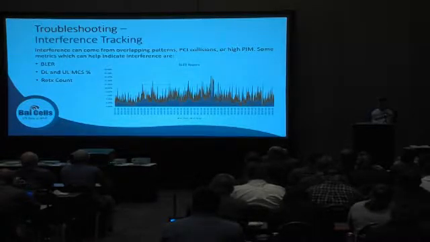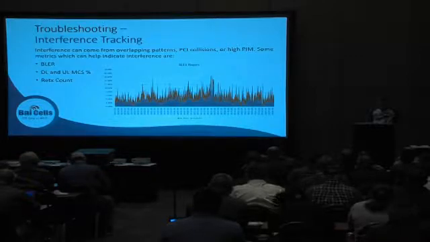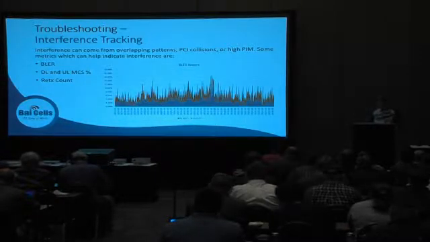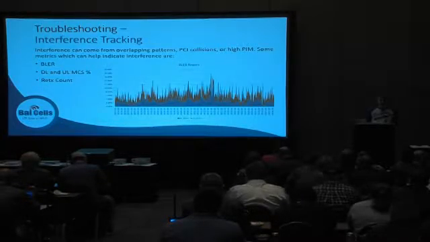For this particular customer, this is a report I was running off their eNodeB when troubleshooting interference. One of the issues right now is that to get this report, it's through the syslog, so I just parse the syslog to generate this.